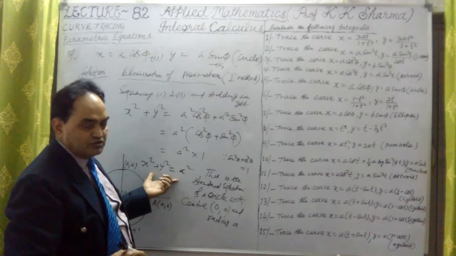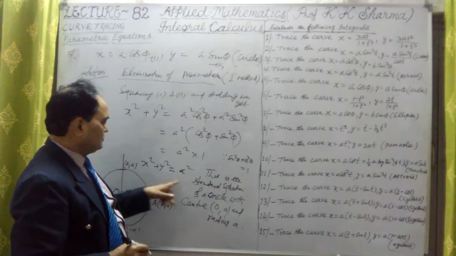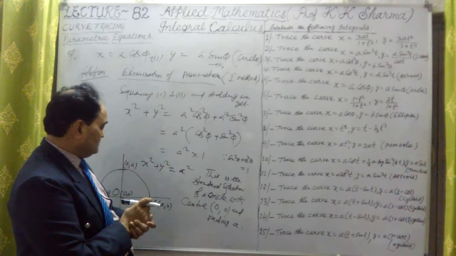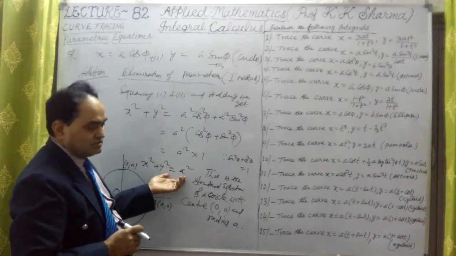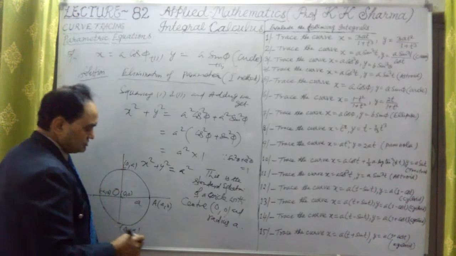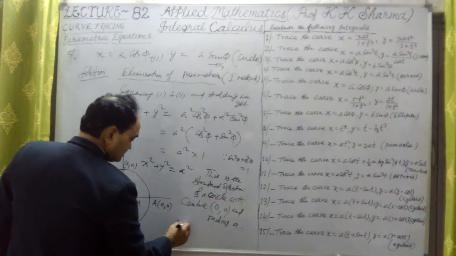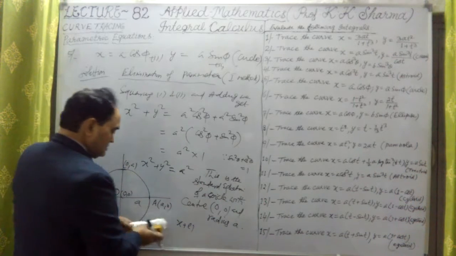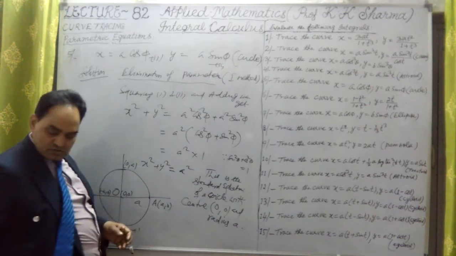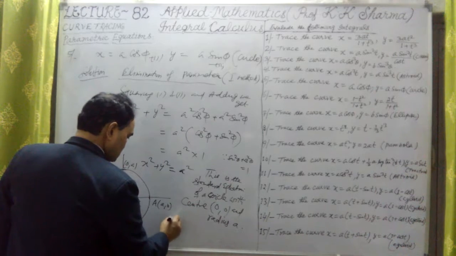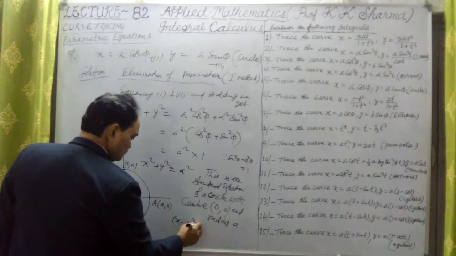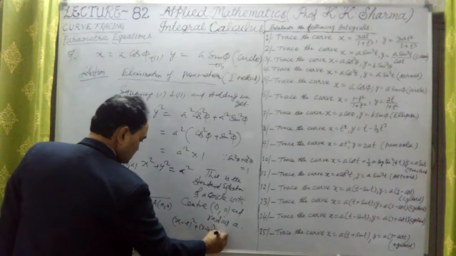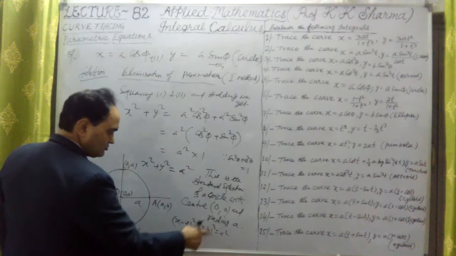Simple. Or we can just take x square equal to a square minus y square. Or this is a standard equation: x minus h whole square plus y minus k whole square is equal to a square, or r square.